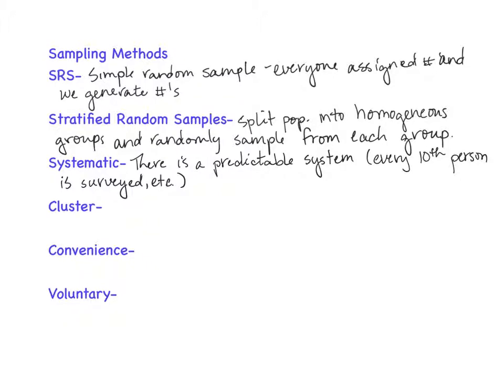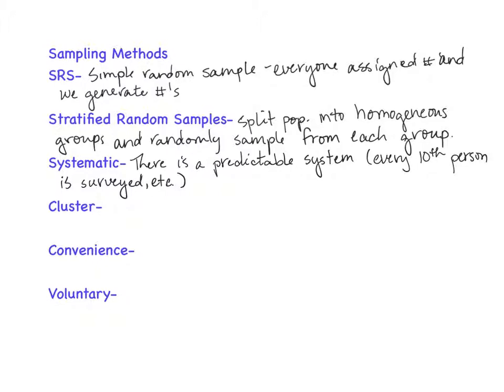A cluster sample is when we have clusters of people, or subjects, whatever the case may be, that already exist naturally. So different classes already exist. Those groups are already in place. So a cluster sample would be if I were to randomly select 6 classes during the day and survey everybody within that classroom.